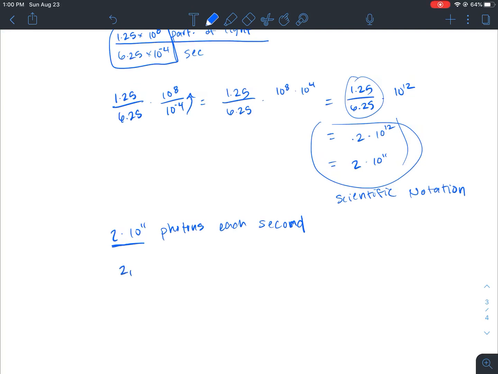So that's 2, followed by 11 zeros. 2, 0, 0, 0, 0, 0, 0. So I think that's 11. 1, 2, 3. Nope, I think we need one more. 1, 2, 3, 4, 5, 6, 7, 8, 9, 10, 11. There you go. So this is standard form.